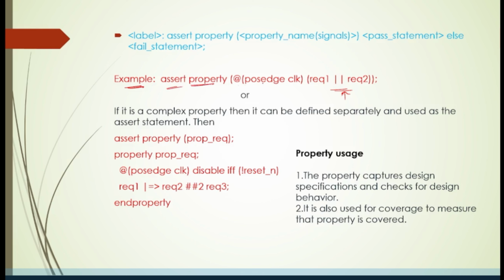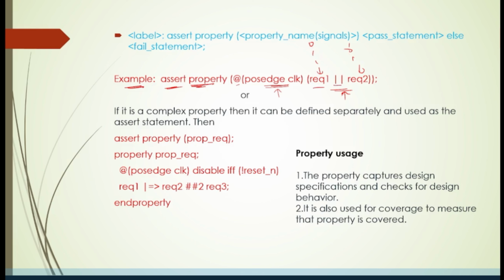assert property (@(posedge clk) request1 || request2). Since you write assert property, it is a concurrent assertion. So what is the condition here? On every positive edge of the clock, either request1 or request2 should be high. Since it is an OR, at least one of request1 or request2 should be high, for example with values like 0 0 1 1 1 0 0 1.